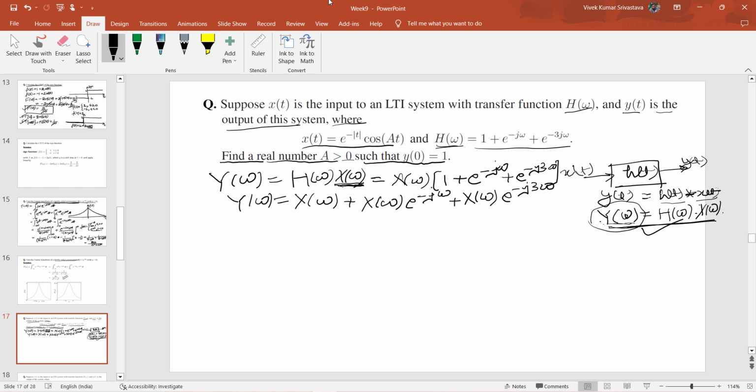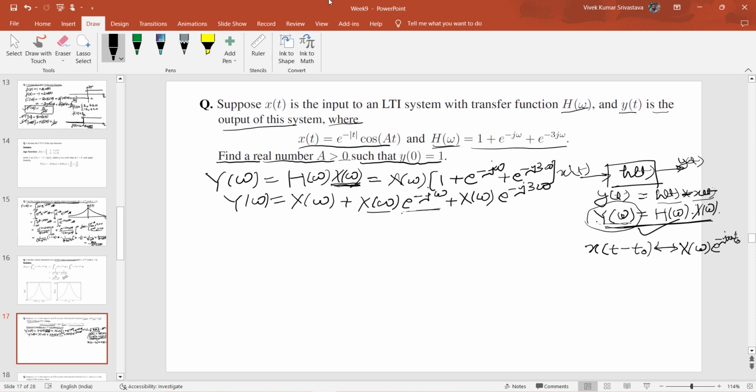Okay, so now I will take the inverse Fourier transform. Here the multiplication of the frequency with this X of omega is given, so the corresponding time domain is nothing but delaying in time. Because as we know, if X of t minus t naught is the function, the corresponding Fourier transform is defined as X of omega e raised to the power minus j omega t naught.